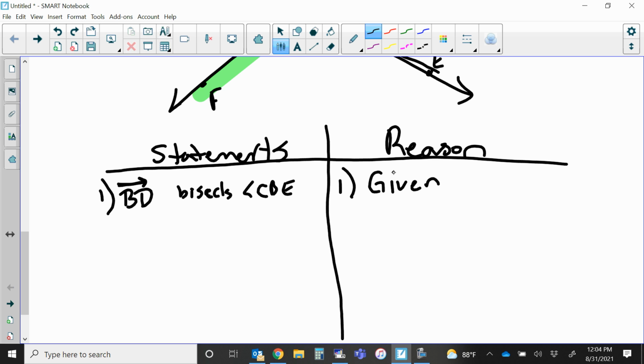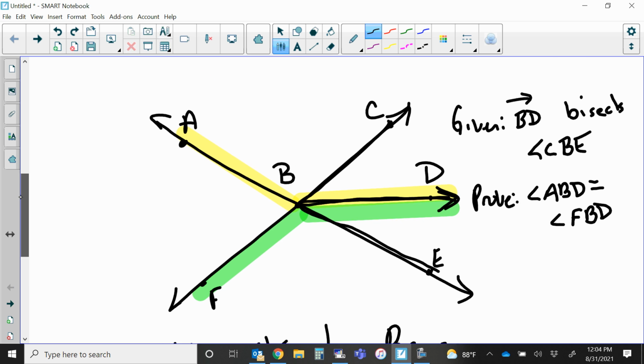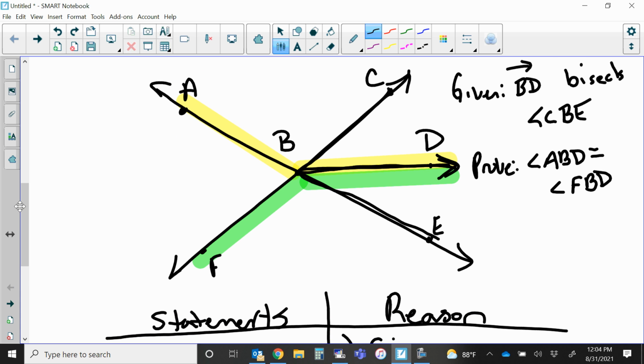So what if they had given me 3 different facts? I would write all 3 givens: 1, given, then 2, given, then 3, given. Do you follow me? Now I'm going to look at the given and see if that tells me anything.